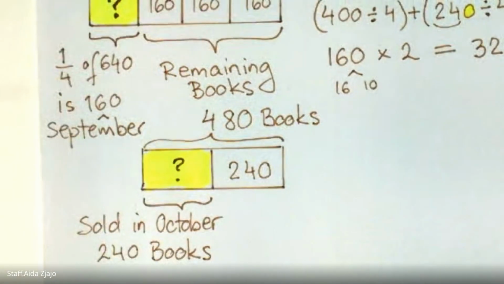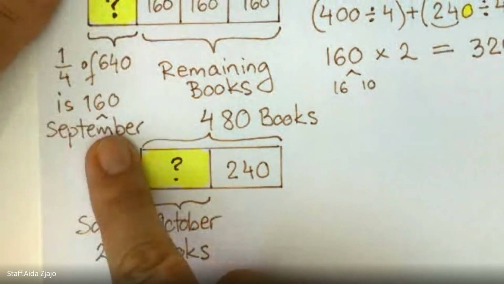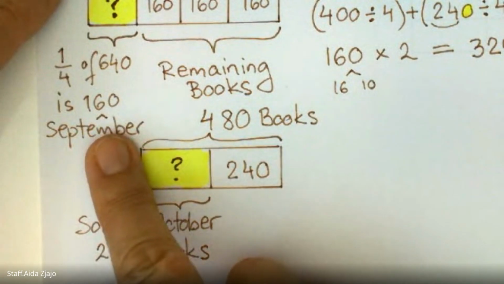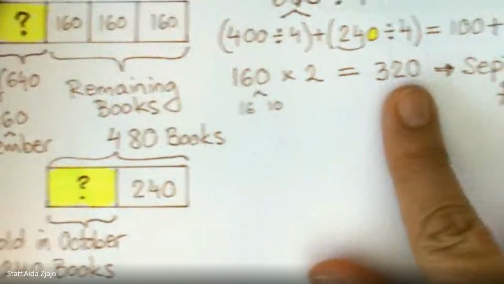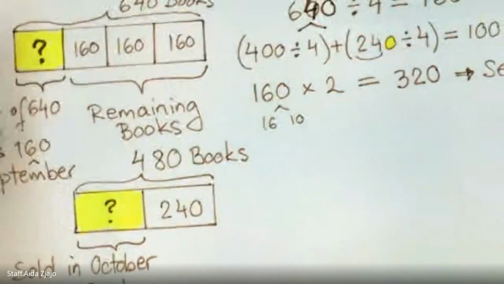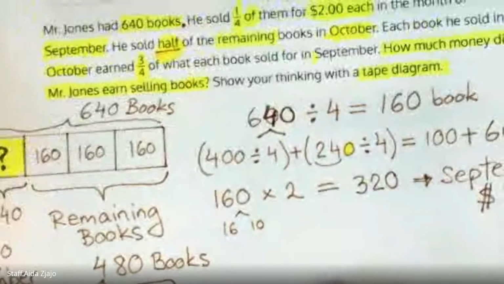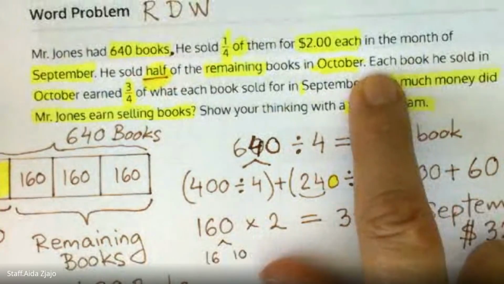So we know that in September he sold 160 books times $2, that gives him $320. Now, the next piece of information is in this sentence.